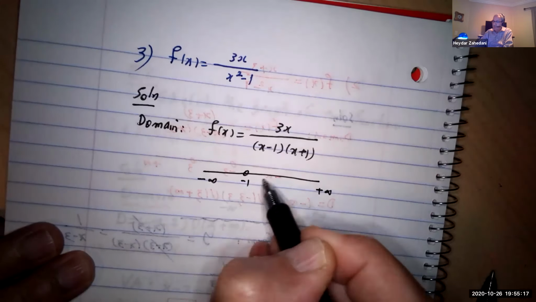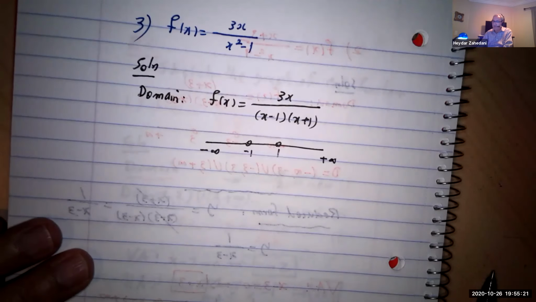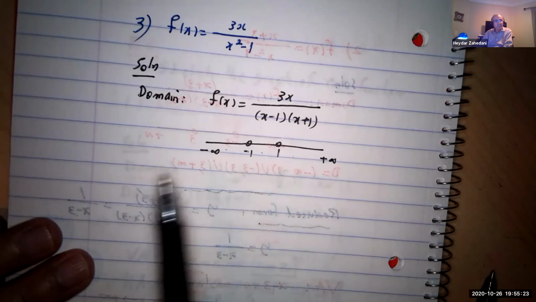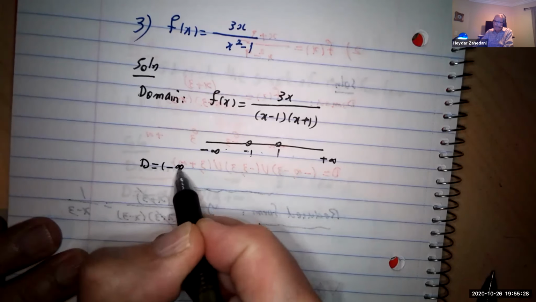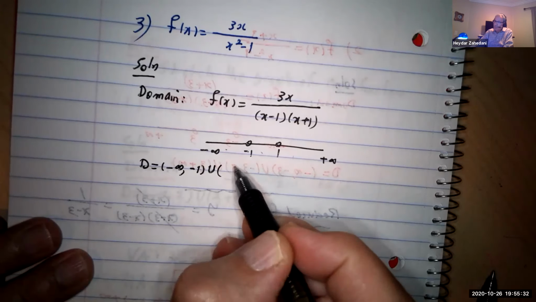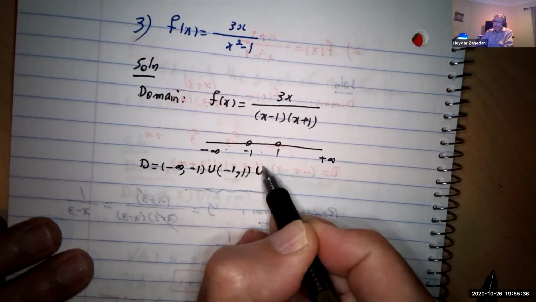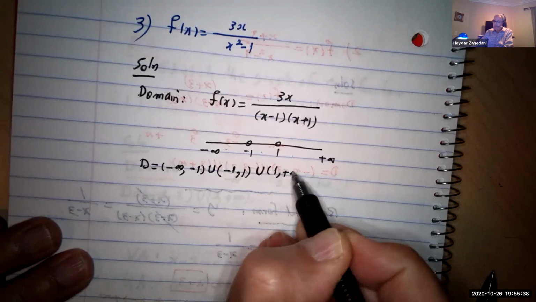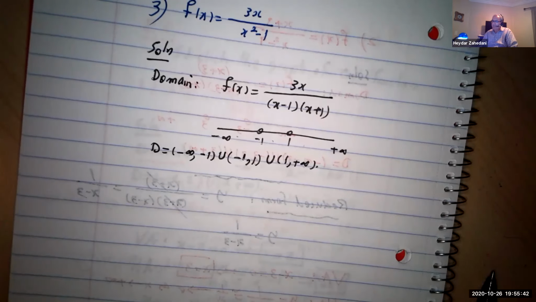If you can give us the domain right away, we accept it. So you have three portions. The domain would be negative infinity to -1, union with -1 to 1, and union with 1 to positive infinity. So that's going to be the domain.